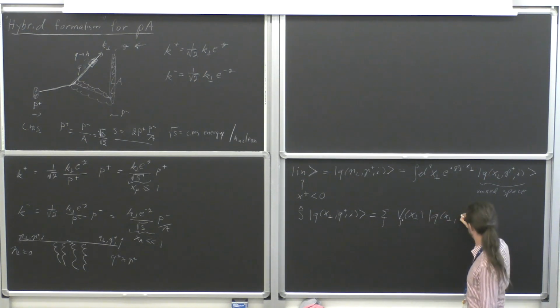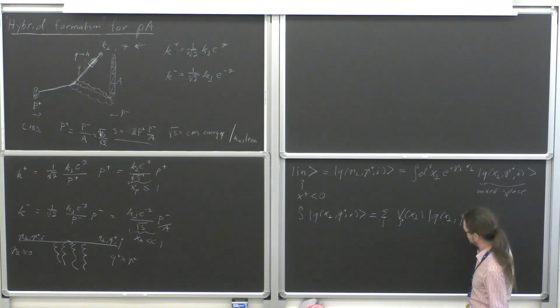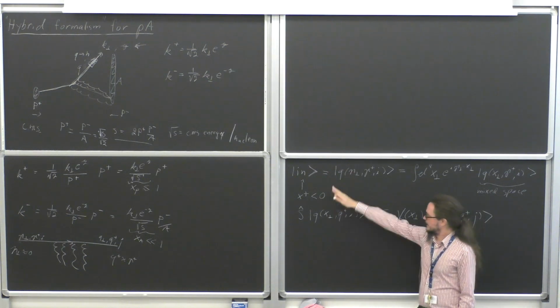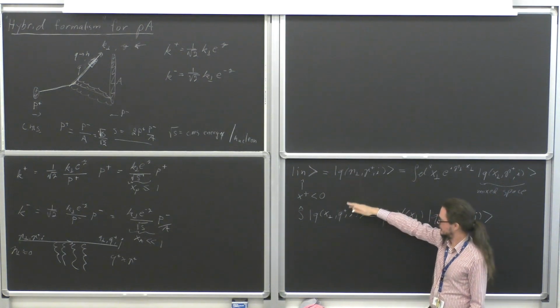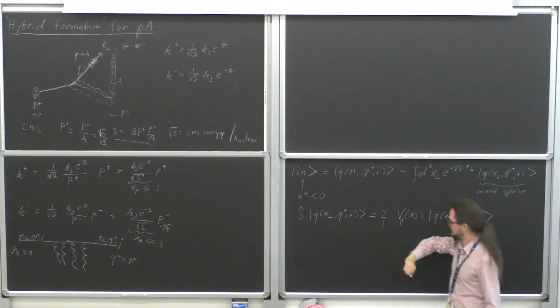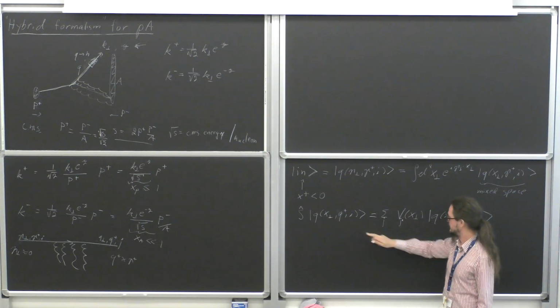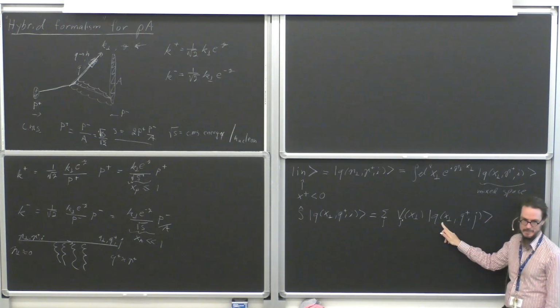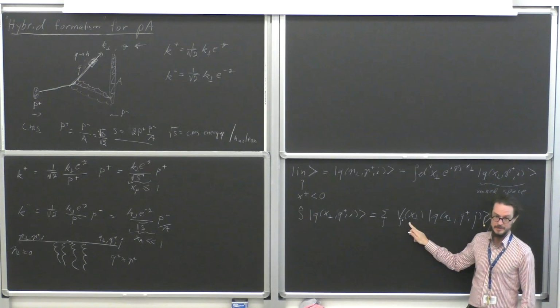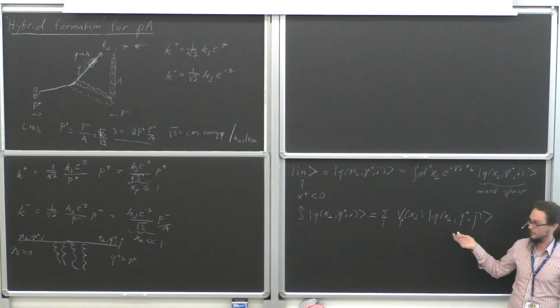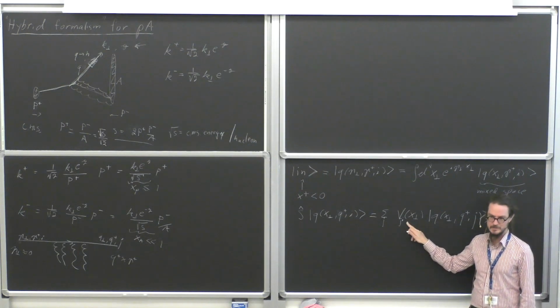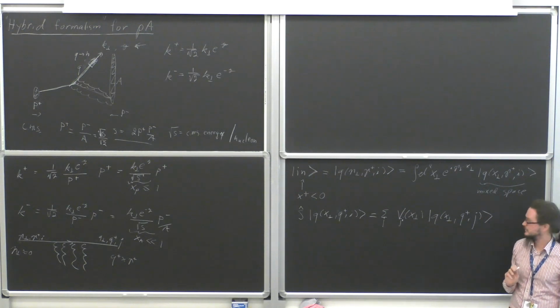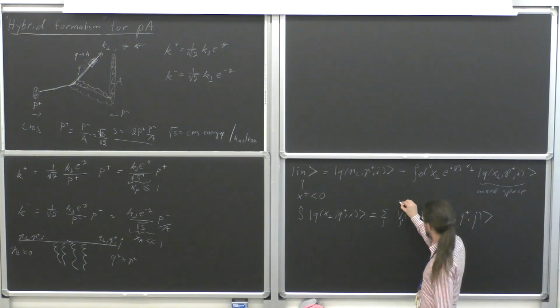It has still the same q plus, but now it has a color j. So my incoming state is in one color state. The only thing the scattering off the classical field does is that locally at every coordinate, the coordinate space state is color rotated by an SU(3) matrix, which depends on the transverse coordinate. This is the Wilson line.